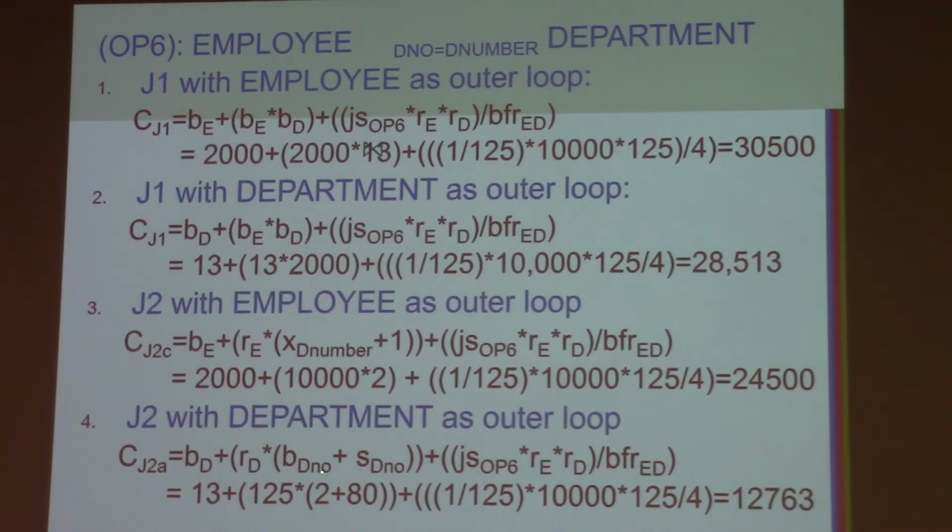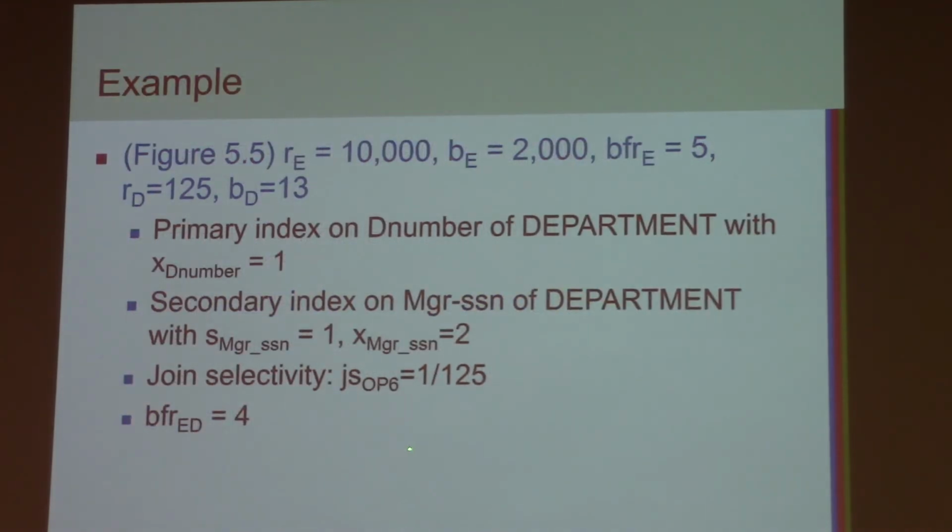2 plus, as outer D. For the DNO, I think this time we need the index information about the DNO for the employee. DNO for employee is not here. I think I need to add DNO.